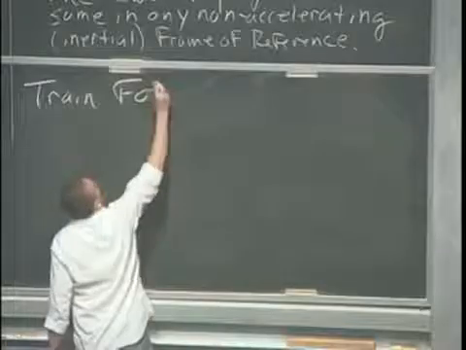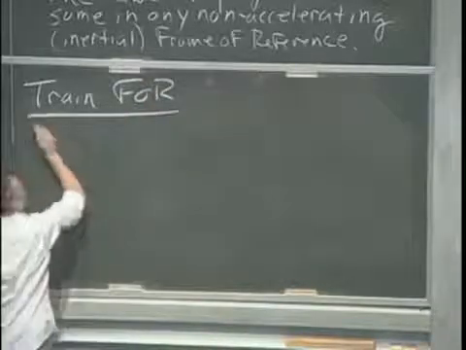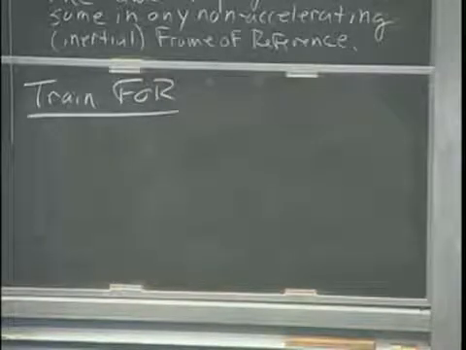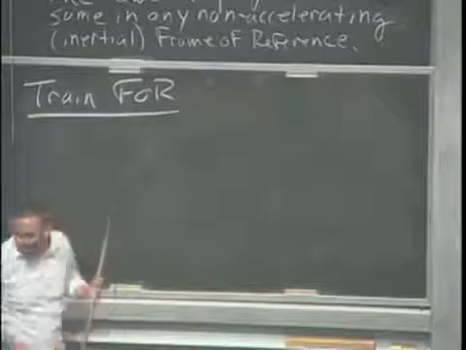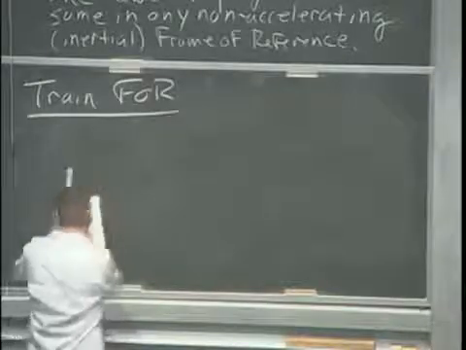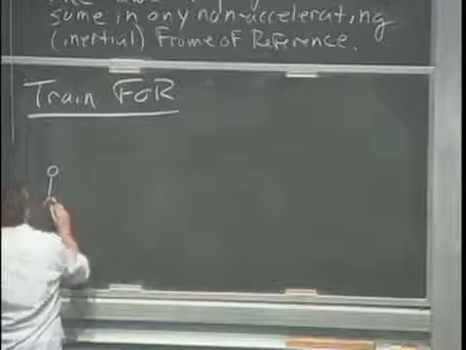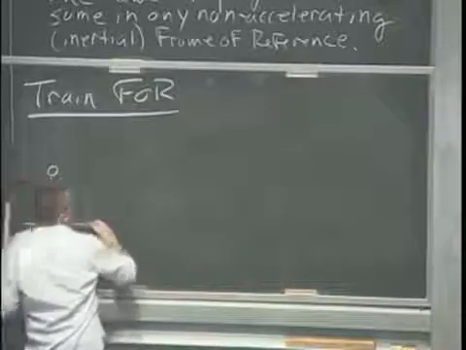Okay, so let's start out with the observer on the train. We're going to start out in the train frame of reference. So we've got the observer, and the observer is going to shine a flashlight, and we're going to do a really simple experiment here. So here is our observer in the train.